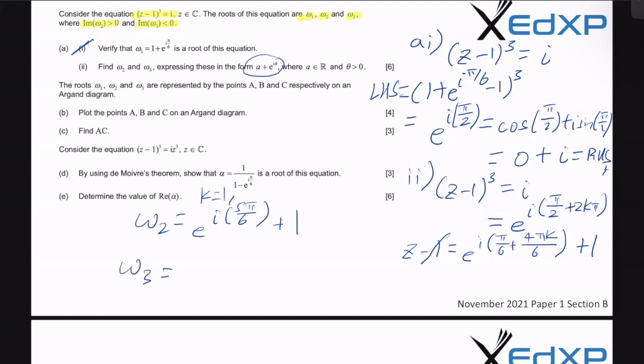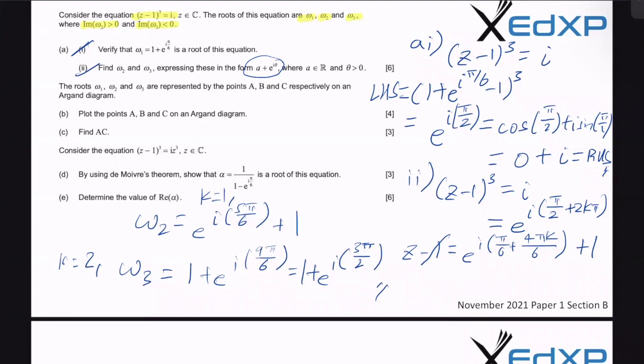And omega 3 will be when k is equal to 2. We will get 1 + e^(i9π/6). I can actually simplify this, and I get 1 + e^(i3π/2). Okay, and that is A part 2.